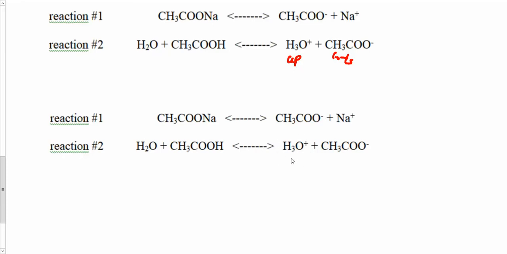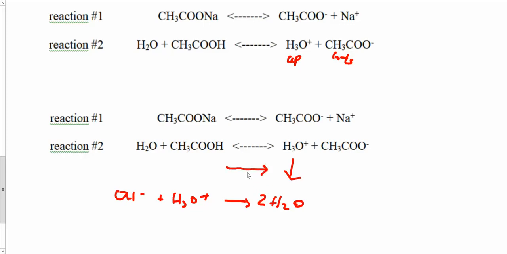If I add in OH minus, and there is some H3O plus around, those two things are going to join together to give me 2 waters. So if I add in OH minus, this thing will go down. In response, according to Le Chatelier's principle, this reaction will shift right to make some more.